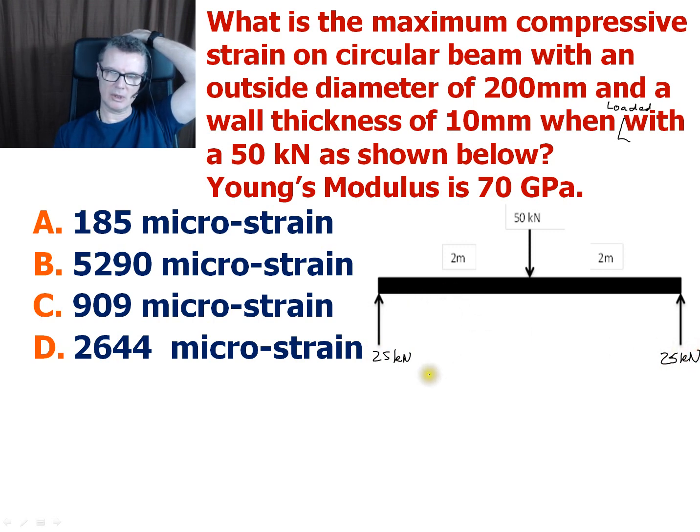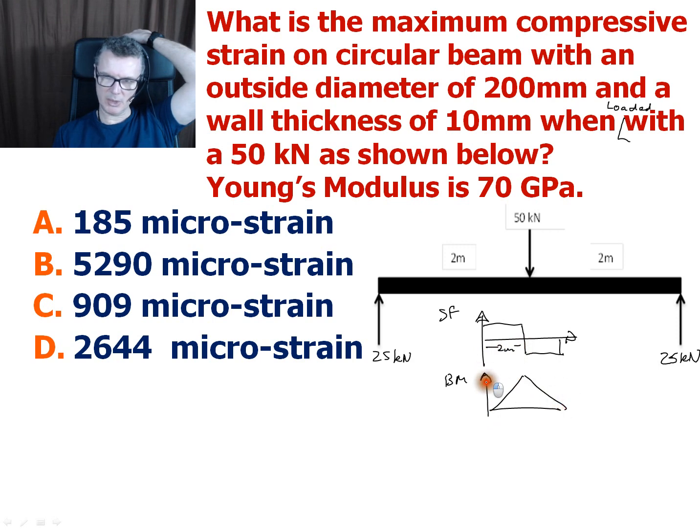nicely in the middle, and then we can say to ourselves, well, therefore the shear force diagram looks like this: 25, then it drops and goes like that. So my bending moment diagram, where this is 2 meters, will be something that does this, and the peak of it will be 2 meters times 25 kilonewtons.